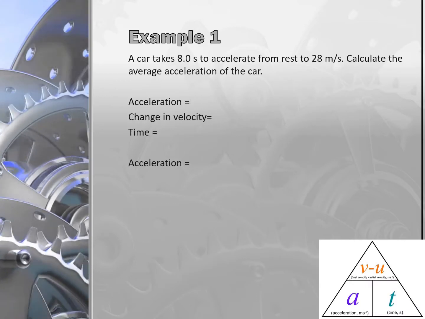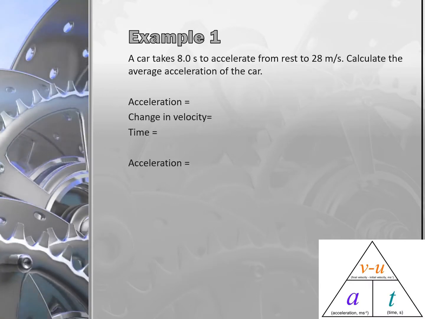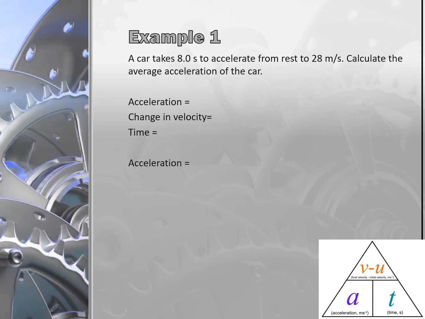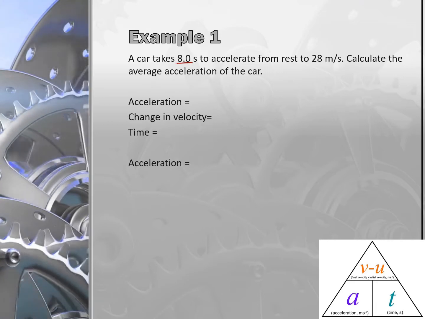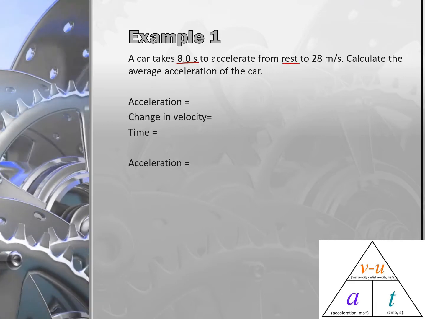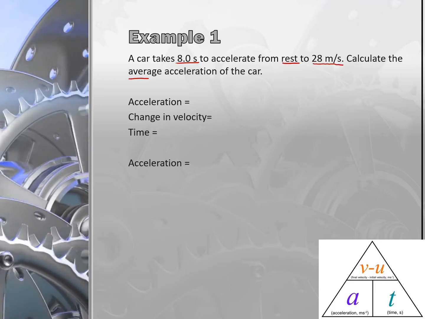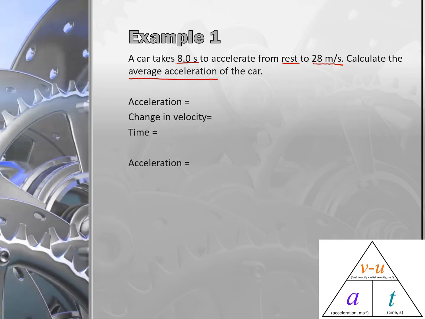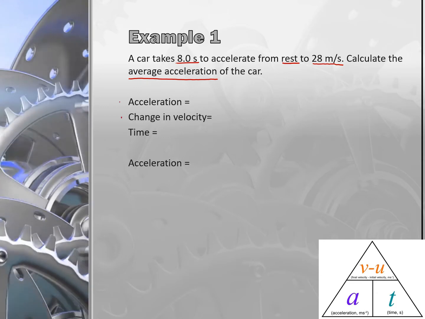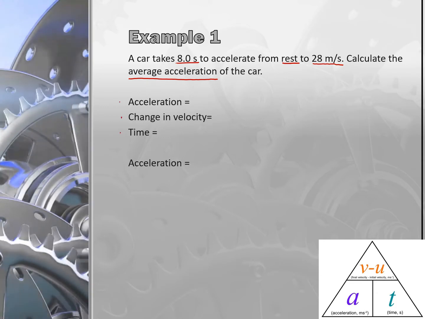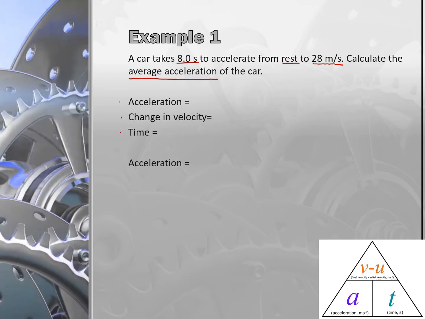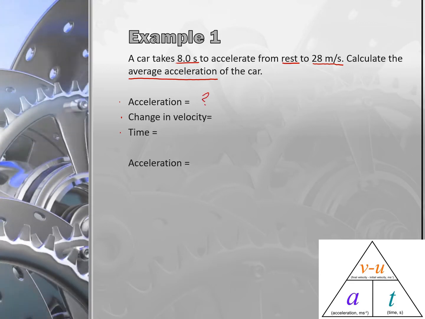Now we're going to look at an equation then, and we're going to do a calculation. So if we look at this question, a car takes 8 seconds to accelerate from rest to 28 meters per second. We need to calculate the average acceleration. So we always put the subjects of our equation down, and we need to think about whether we know them or not. Well, the acceleration, we don't know. That's what we're trying to find out.